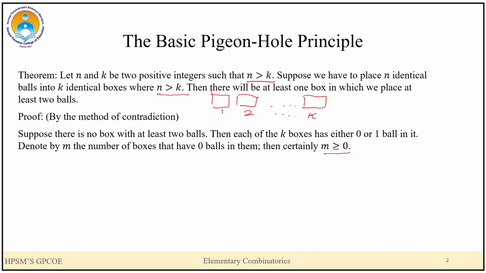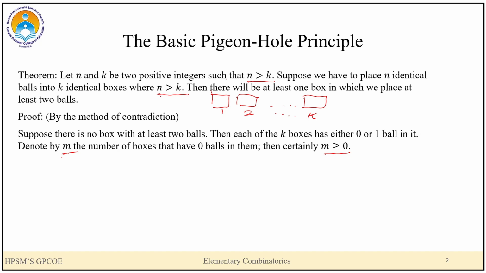So you will be able to find either 0 boxes wherein you will have 0 balls, or there can be 1 or more than 1 box wherein you will be able to find 0 balls. And we are denoting the number of such boxes wherein we have 0 balls with this notation m.